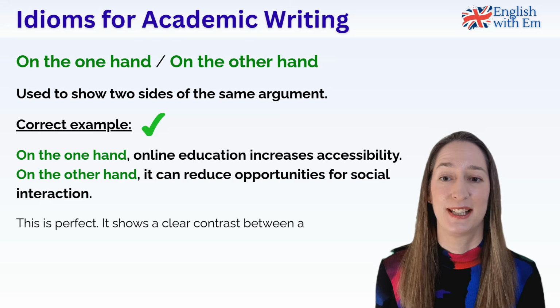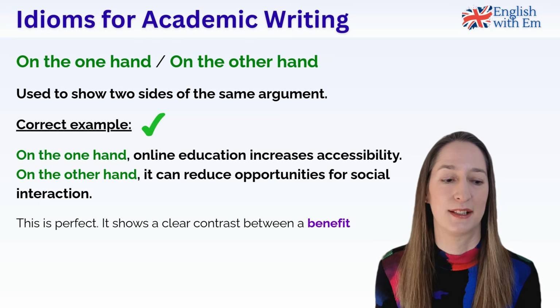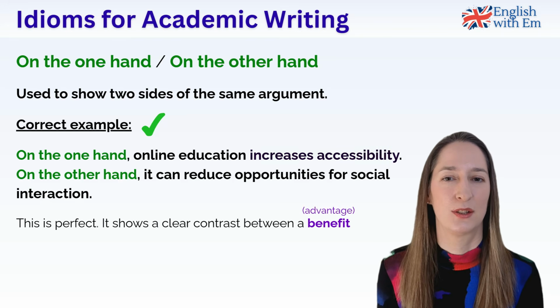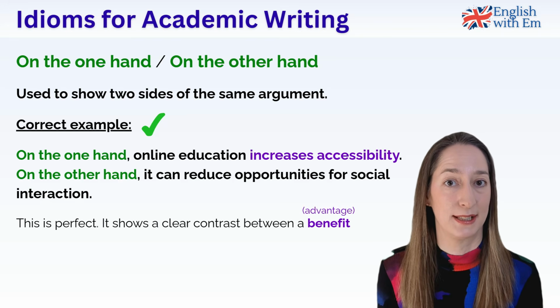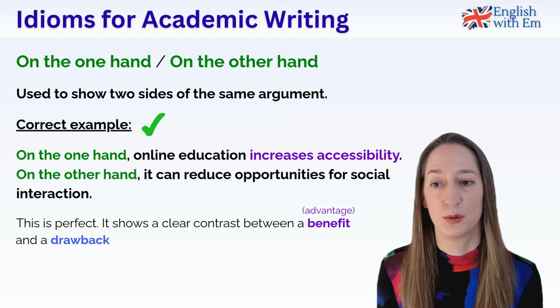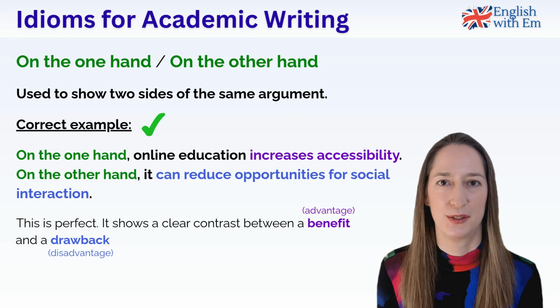This is perfect. It shows a clear contrast between a benefit, which is another way of saying an advantage. In this case, online education increases accessibility. And a drawback, which is another way of saying a disadvantage. It can reduce opportunities for social interaction.